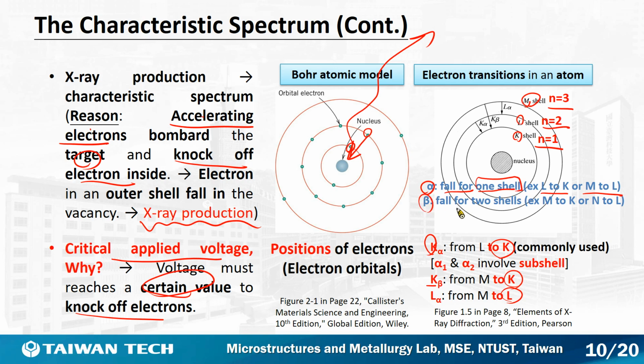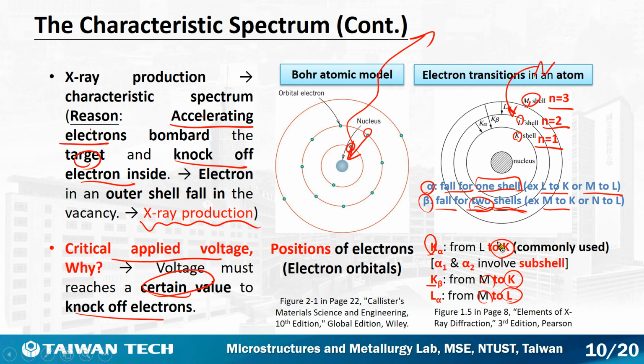But beta means it moves two shells, like here, M to K, okay? M to K or N to L is for two shells.